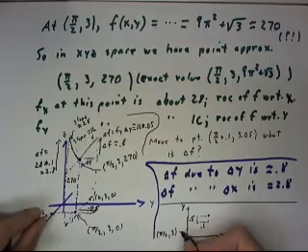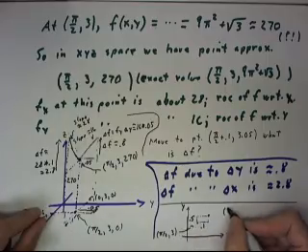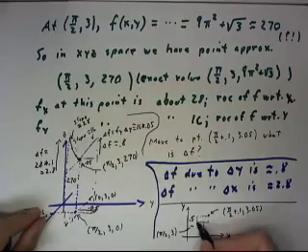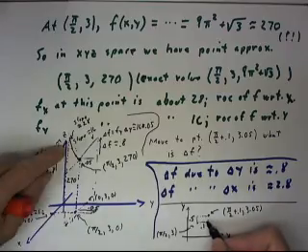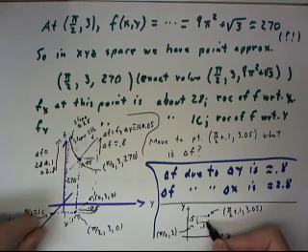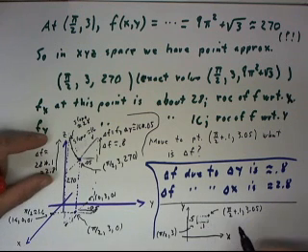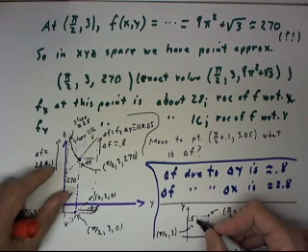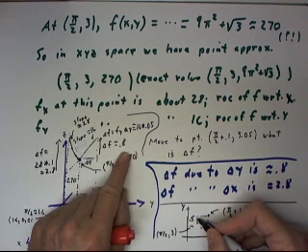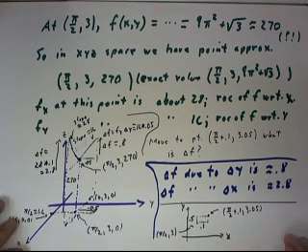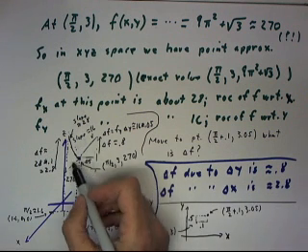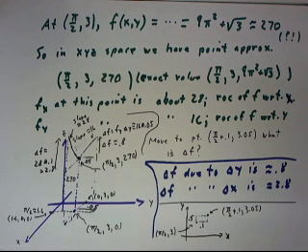This point is pi over 2, 3. This point is pi over 2 plus 0.1, 3.05. By moving 1/10 of a unit in this direction, our function went up by 2.8 units. Moving 0.05 units in this direction, our function would go up by about 0.8 units. This is assuming that the rate of change doesn't change much over this small region.